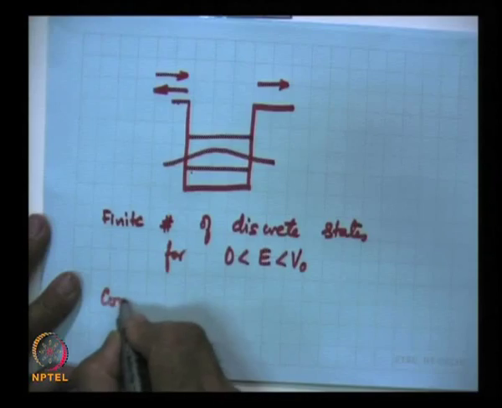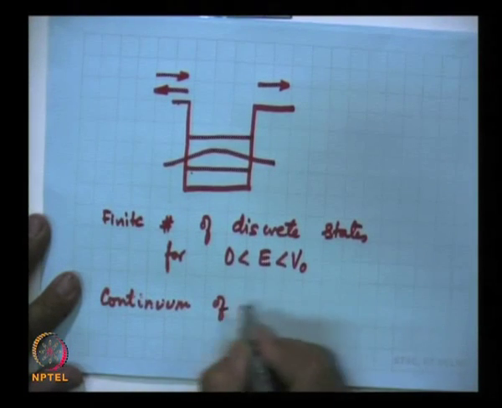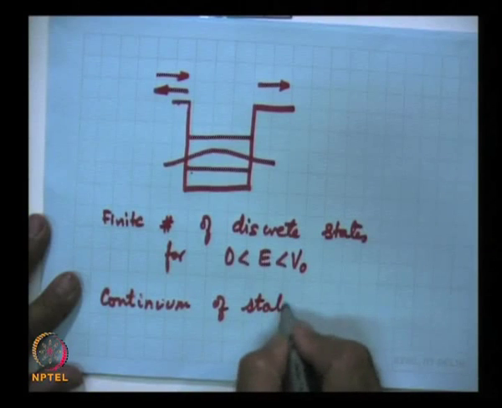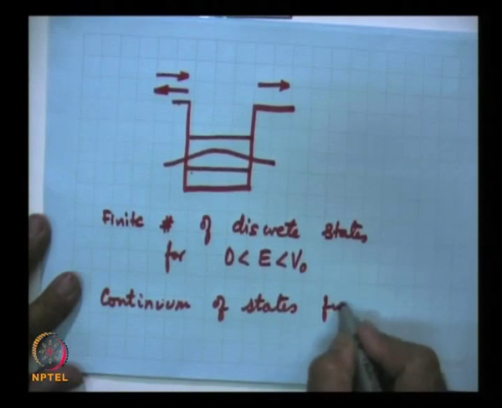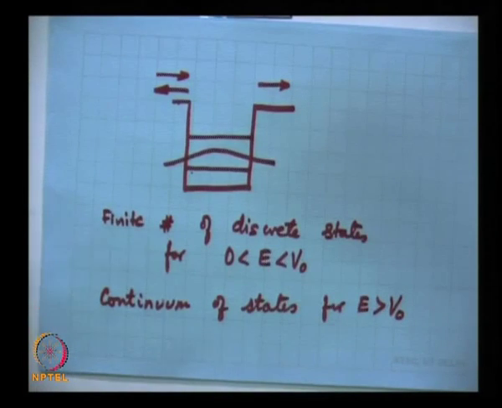And then you have the incident wave and the reflected wave, and a continuum of states, that is, all possible values of energy for E greater than V 0. These are also known as scattering states.